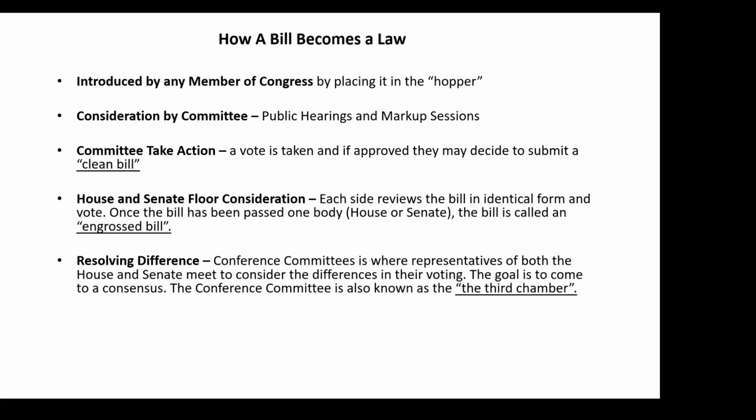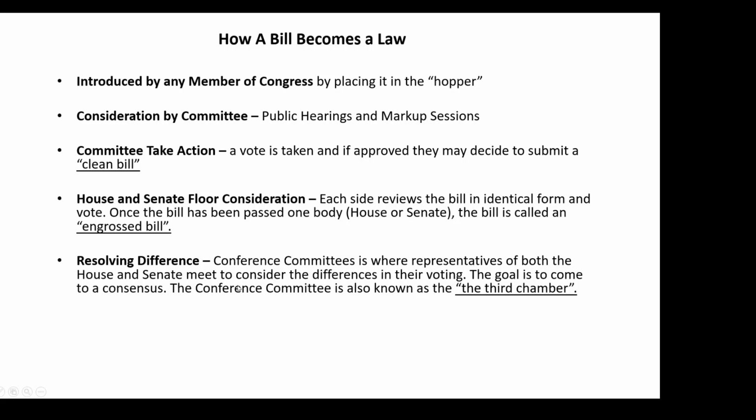because only one bill can go to the president in identical form, one bill for the president to sign or consider or veto. So, conference committee. Whenever the House of Representatives and the Senate need to resolve differences, they need to come together in a conference committee.